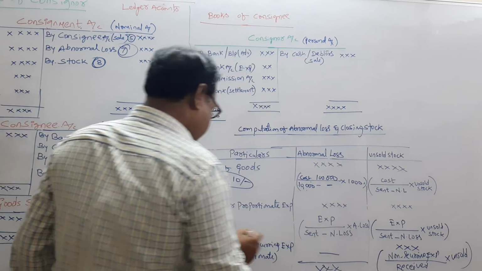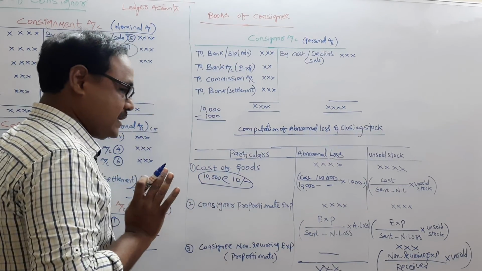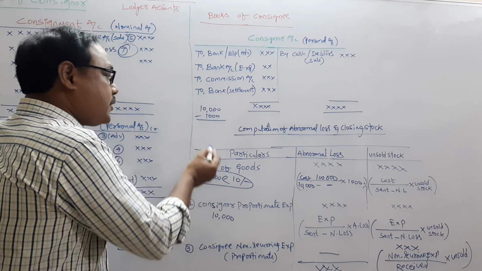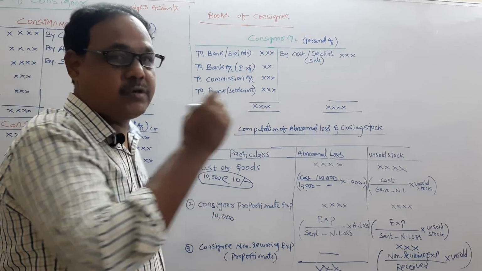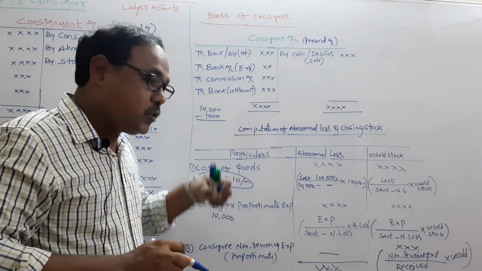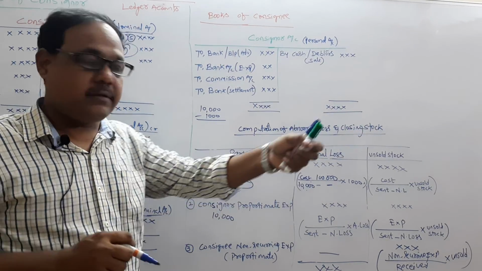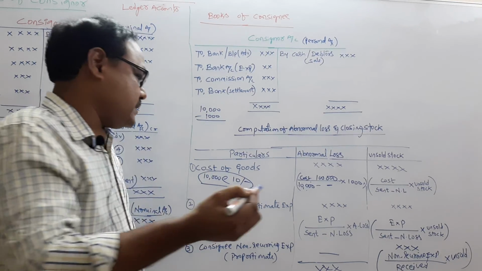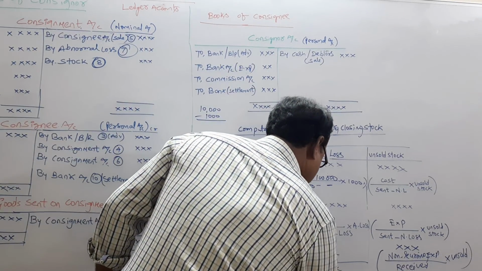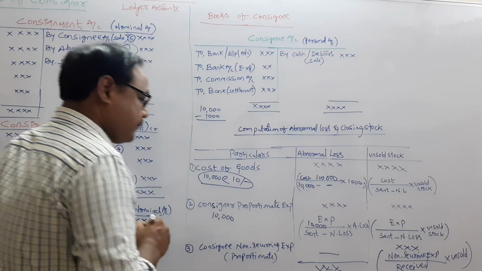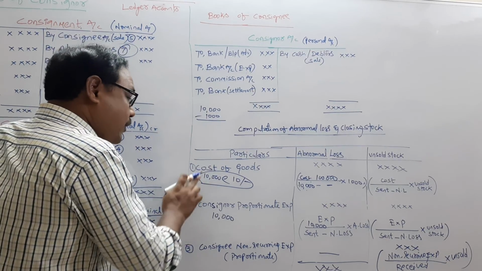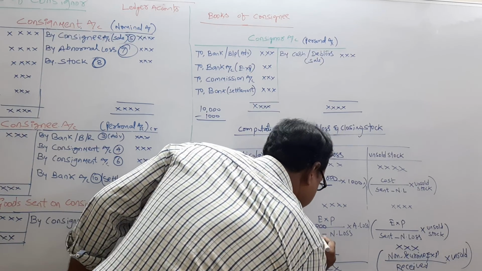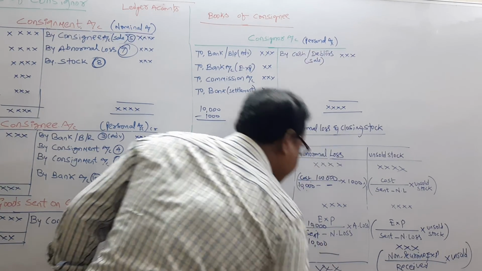Next one, consignor expenses, actually 10,000 rupees for sending total 10,000 goods. For how many units? 10,000 units.